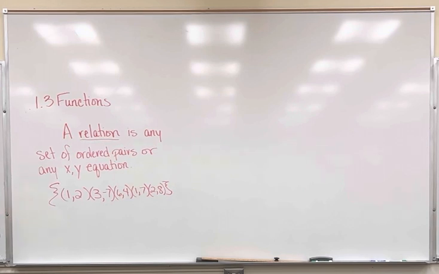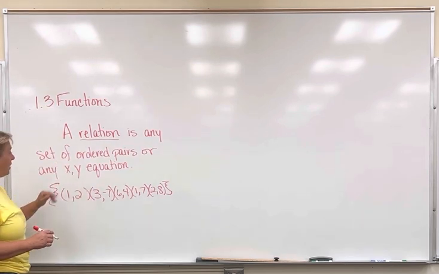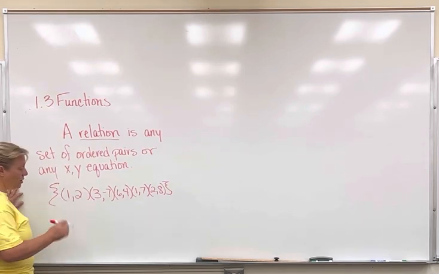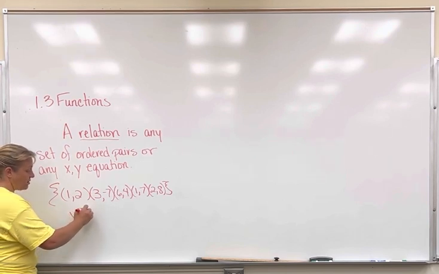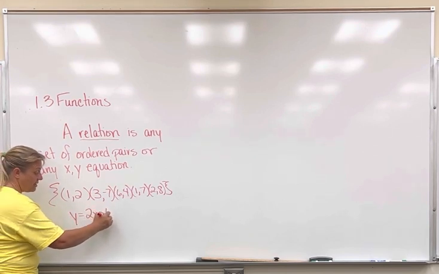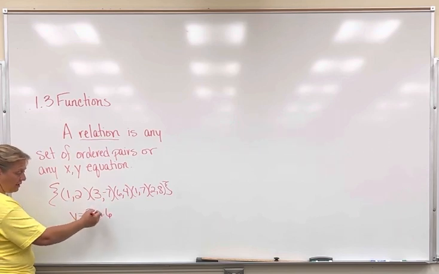Now, you can kind of maybe see why we don't really necessarily need to spend too much time on that because that's not the way we normally see things. But it can be written this way, or it can be written as an equation. So we could see something like y equals 2x plus 6. So x, y in an equation.